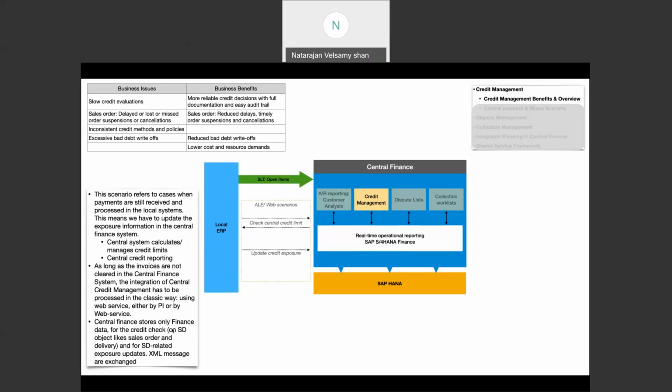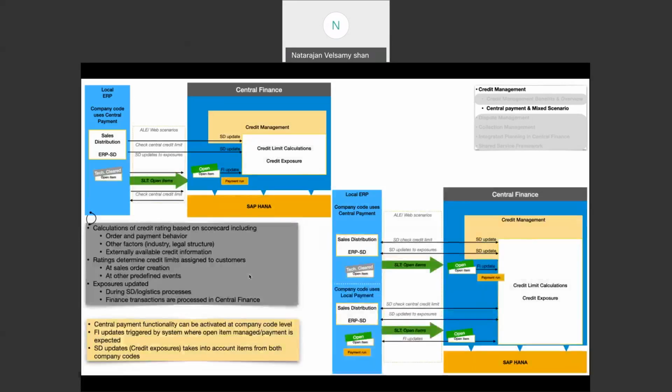Central finance stores only the FI data. For the credit check, we need SD objects like sales order and delivery, and for SD related exposure updates, XML messages are exchanged.